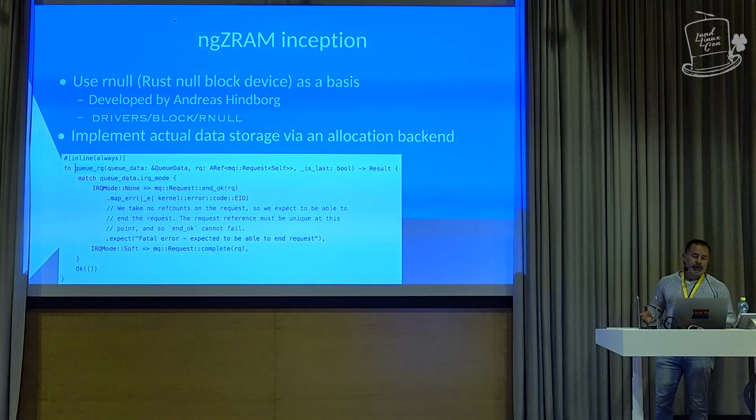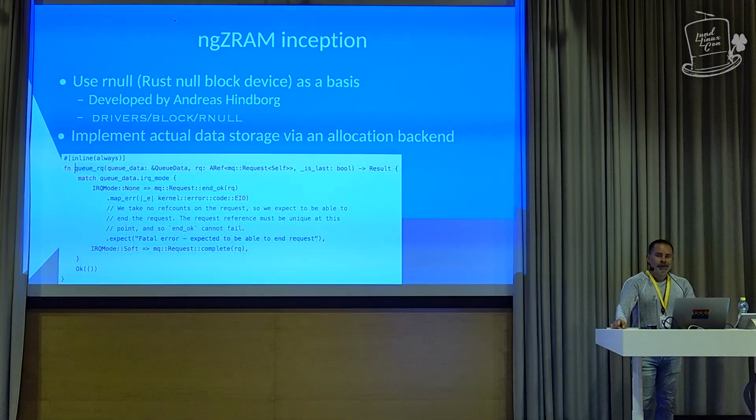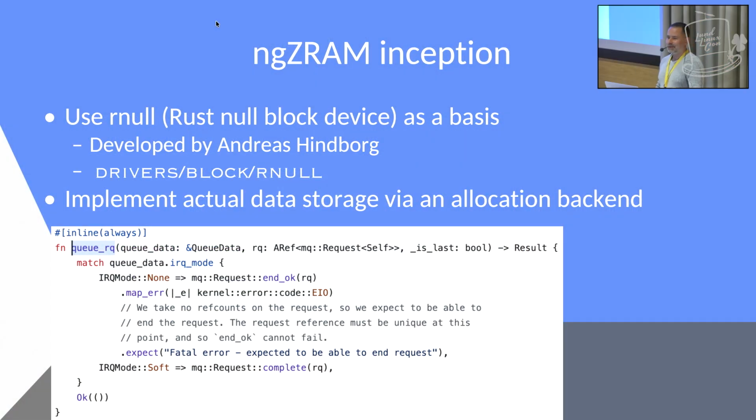But if we start doing things, well, there are not that many examples of block device drivers already in the kernel, but there's rnull, the null block device, authored by Andreas. Basically, what we did, we took inspiration, using rnull and transforming it into a not-null Rust block device is something that we started on.